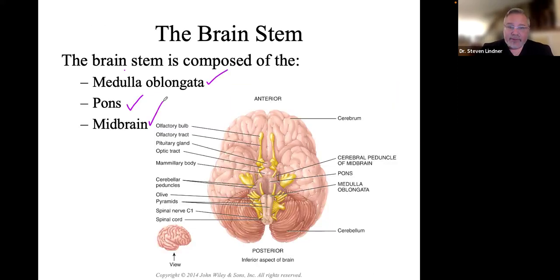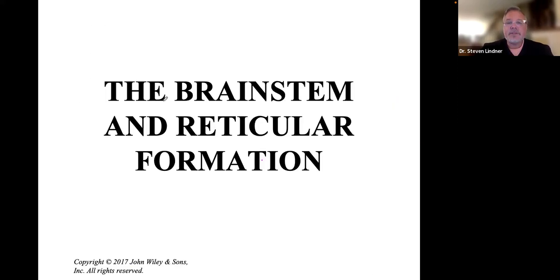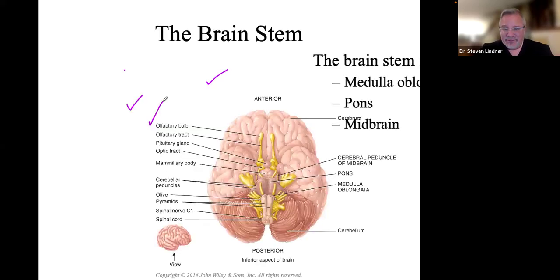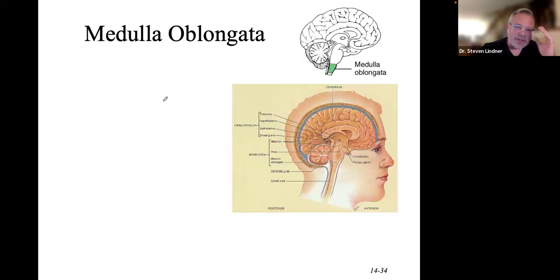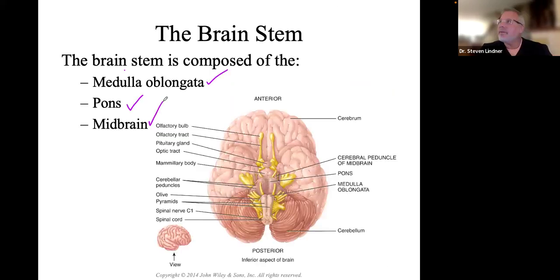Now, within the brainstem, this is where we have a region called the reticular formation. And the reticular formation has a lot to do with keeping you awake, keeping you conscious, keeping your postural muscles active, helping you wake up when your alarm clock goes off.